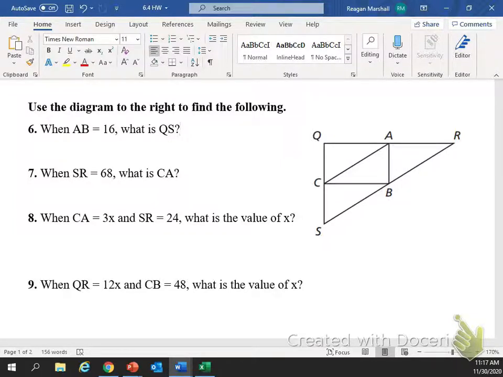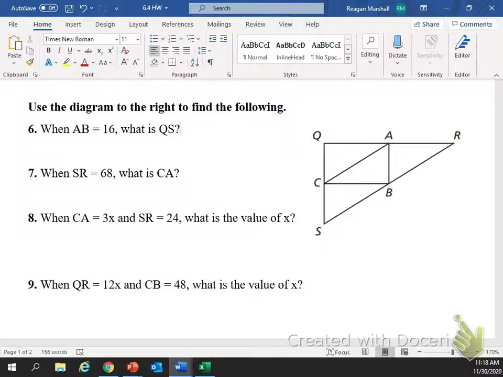Just don't put the line above it when you're saying length of. Whenever you say length of, you don't put a line. Mason, you're correct. Not quite. Correct. Correct. Correct. Correct. Yes, Anj, you're correct. And then Trey, you're good. Yes, ma'am. The length of CA is what?